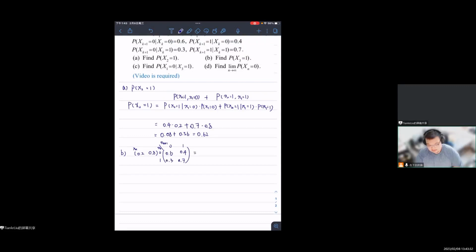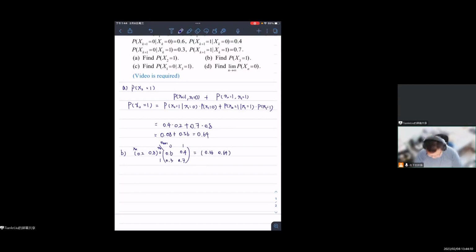Okay, to do this matrix multiplication, we will use the TI-Nspire calculator. So let me fill it in. What we get is 0.38 and 0.62. Okay, the last question I calculated wrong.